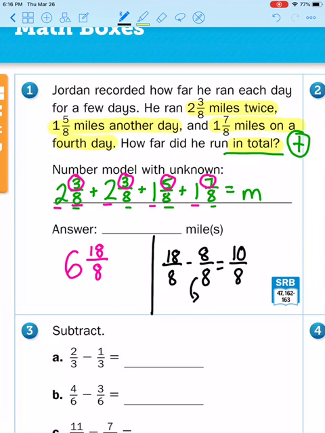So I took out one whole number, because that's what this 8/8 represents, and I got 10/8. Now that numerator is still bigger than the denominator, so we can take out another one whole.